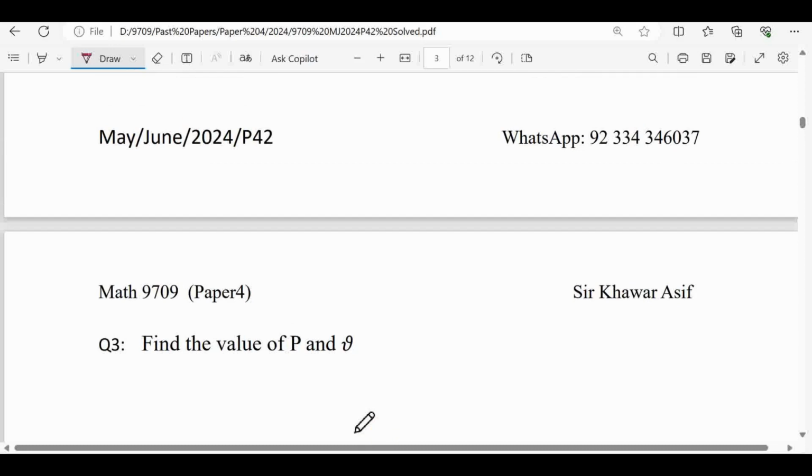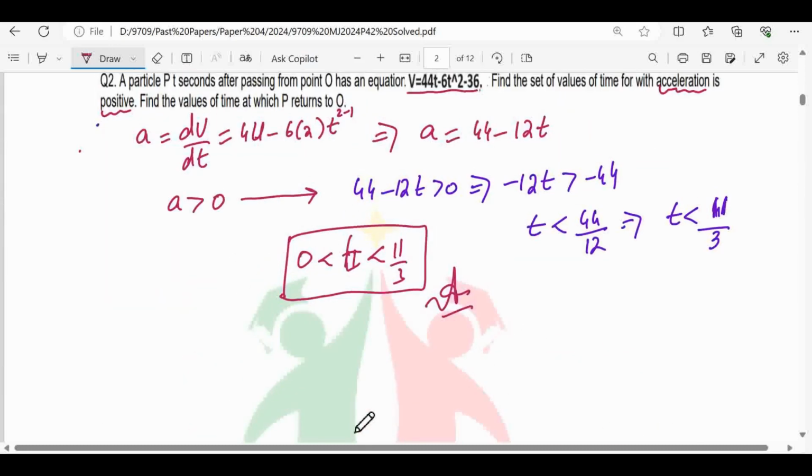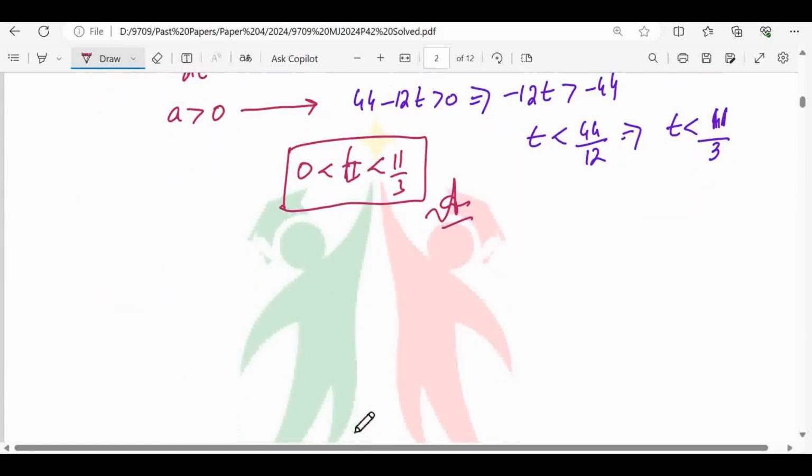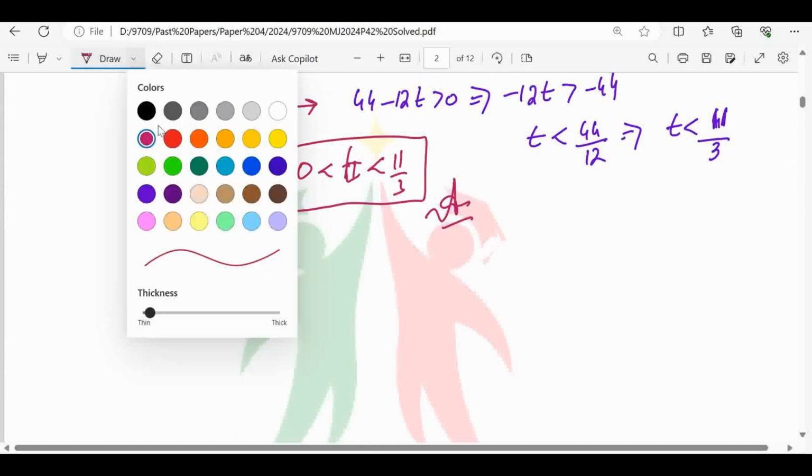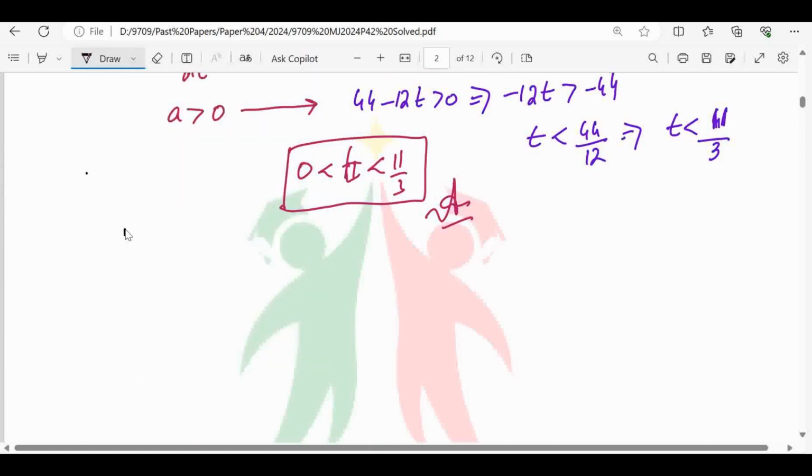I think the second part is missing in this paper, so let me write it myself. The summary of this question is: at which time is the distance 0?